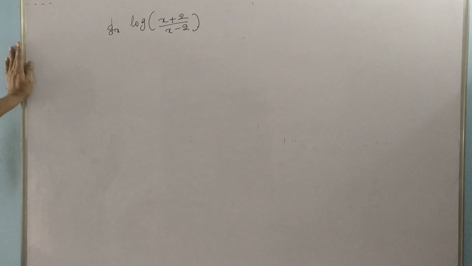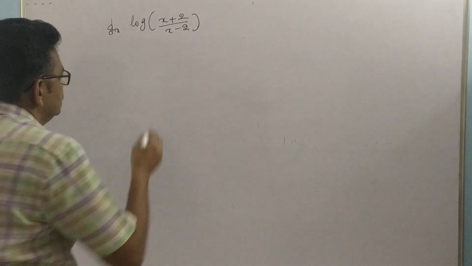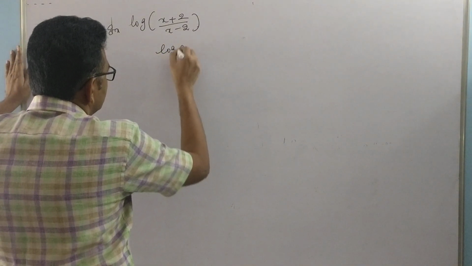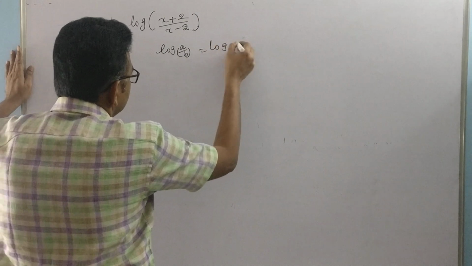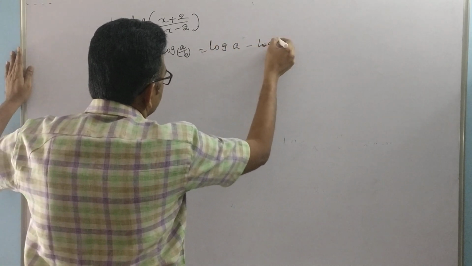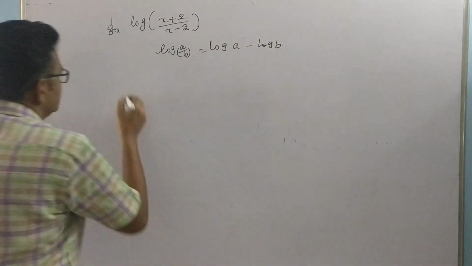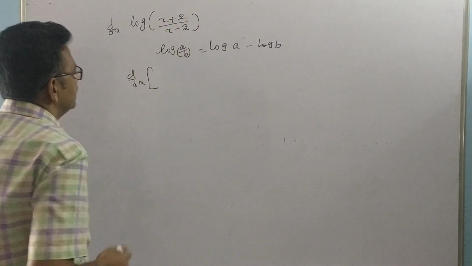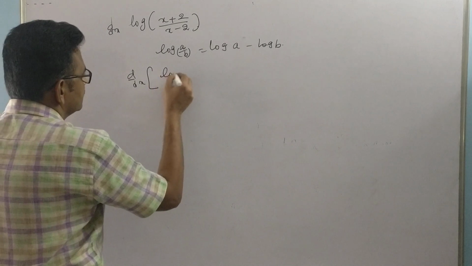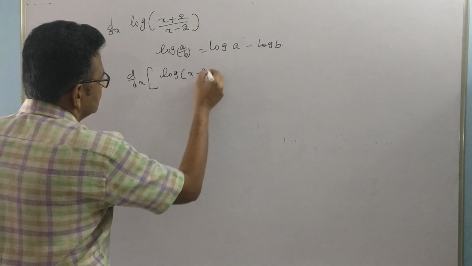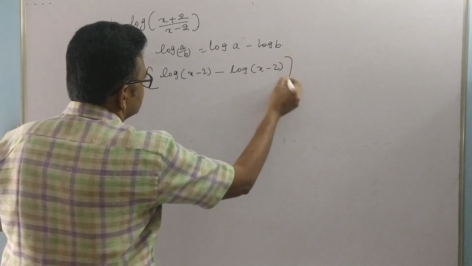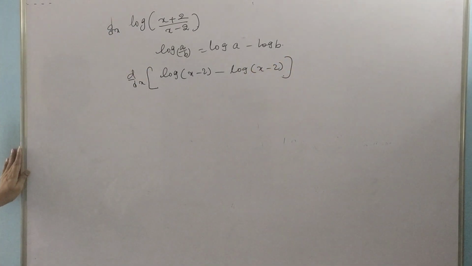We have the log of a by b formula, log a minus log b. So this is the derivative of log a by b, log a minus log b.